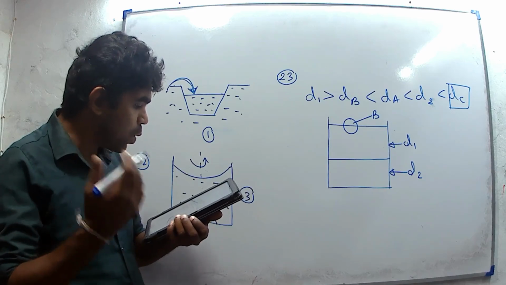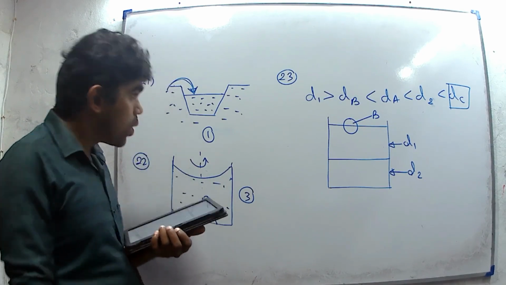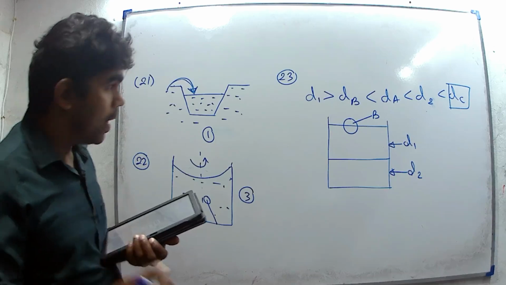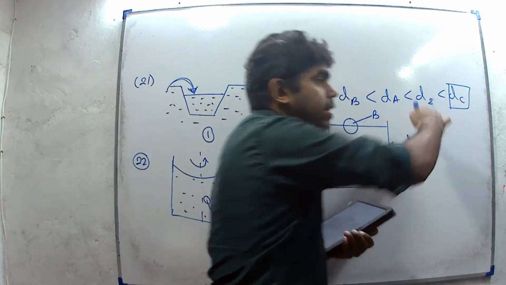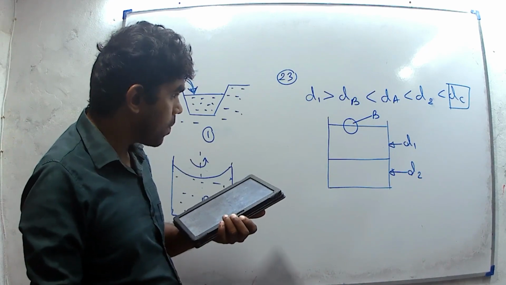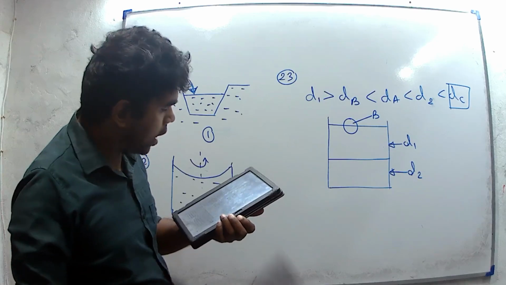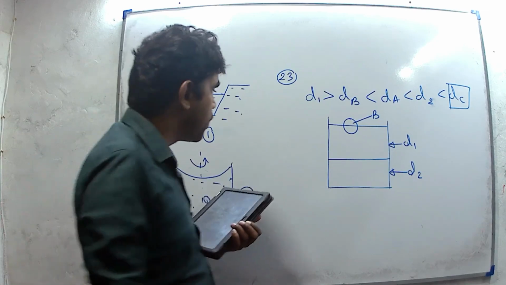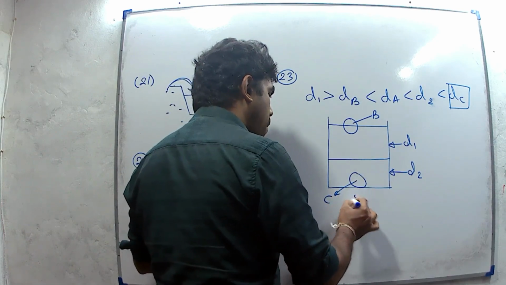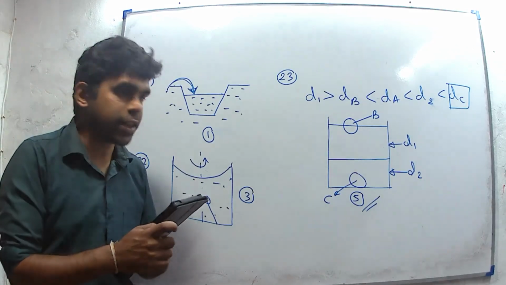We can't get 1, 2, 3 or 4 without using values, but we can identify that the density of C is the greatest value. Then it will stay at the bottom. Then the fifth answer is the correct answer. It will not move in an upward direction.